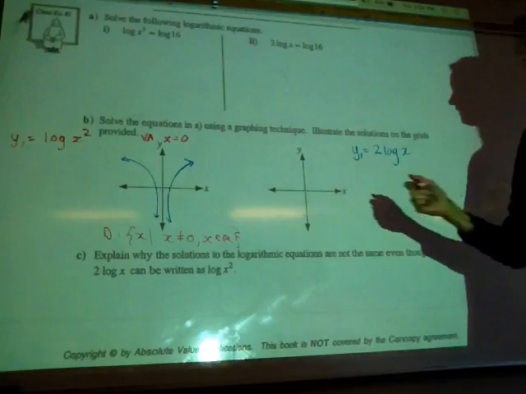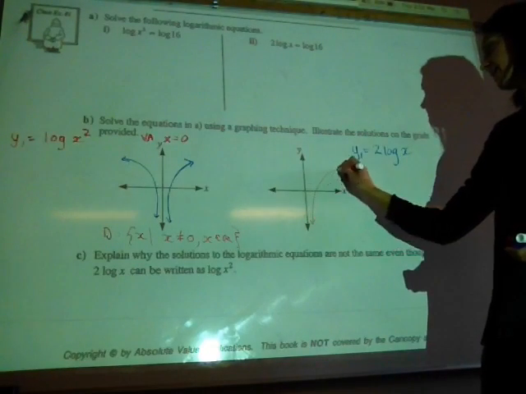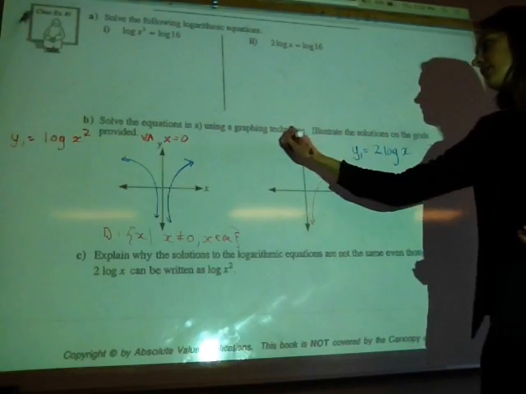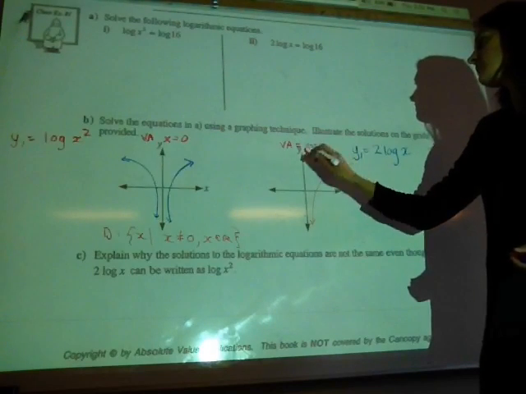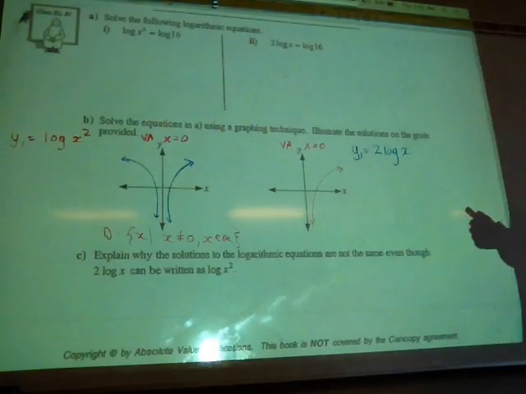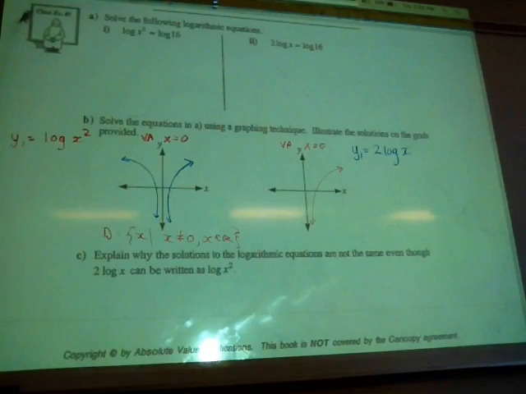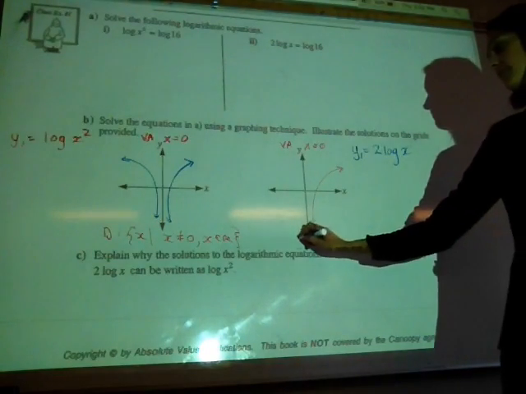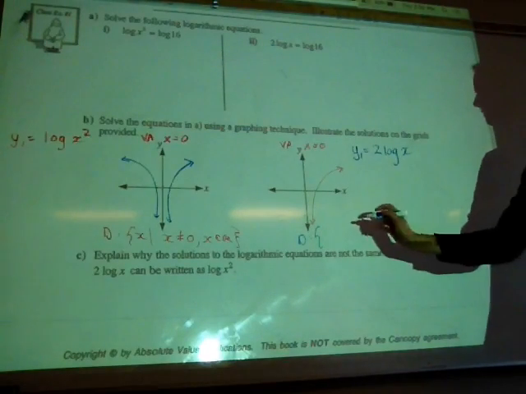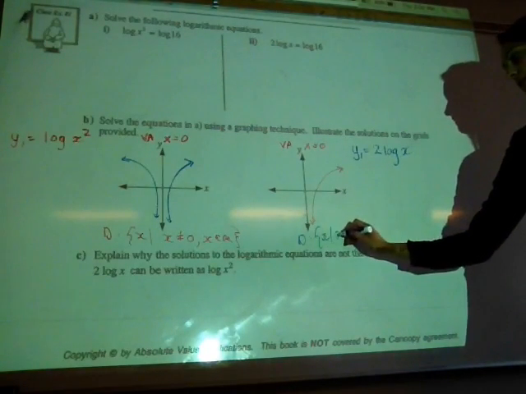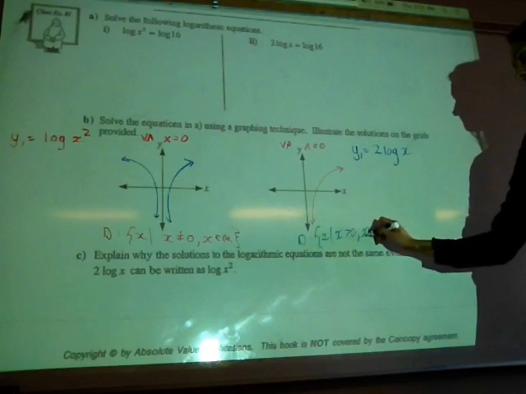No. So this graph is only going to exist on the right-hand side. And again, our vertical asymptote is still x equals 0. But what's our domain this time? x is greater than 0, good.